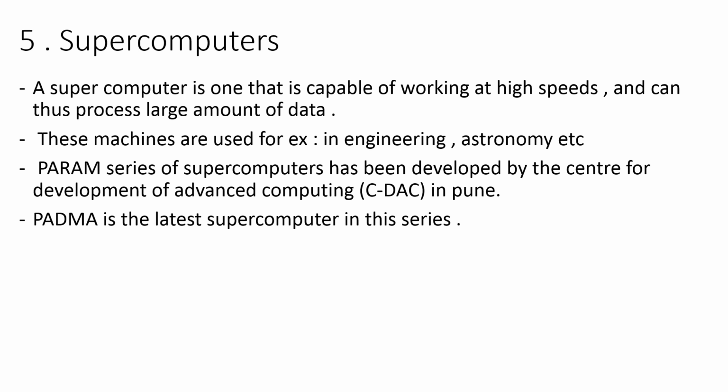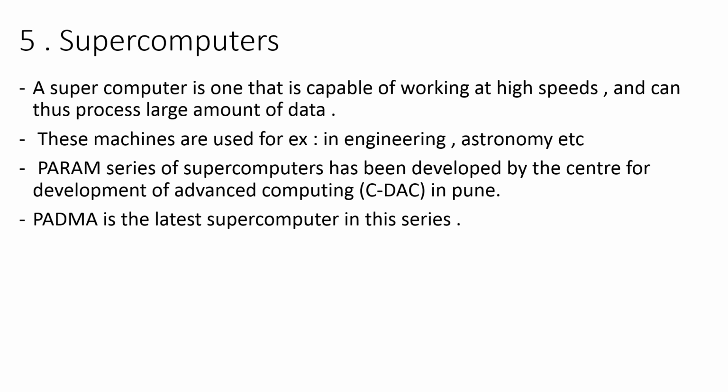Since they are placed on the desk, they are called desktop computers. These computers are often used in schools, in homes, in different workplaces. The computers which you have seen in the computer lab of our school are nothing but the desktop computers, the microcomputers.